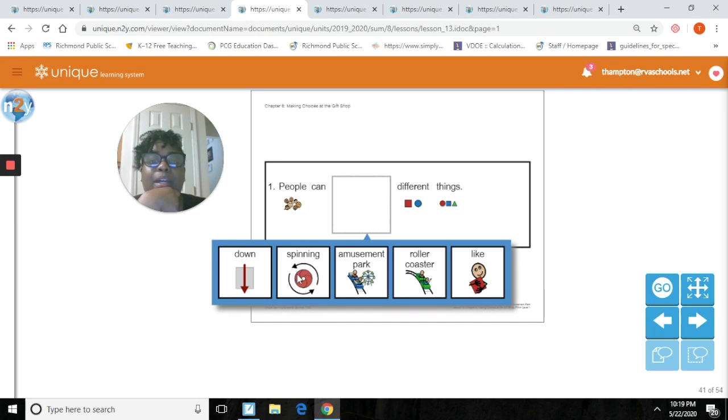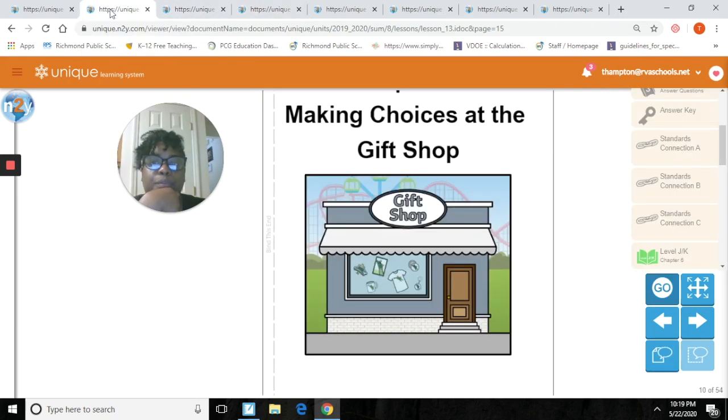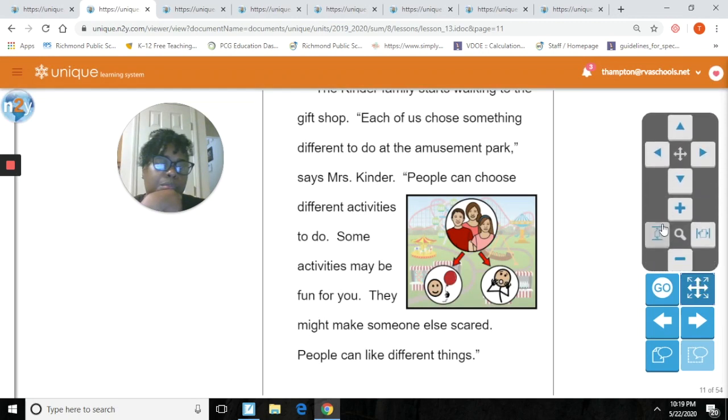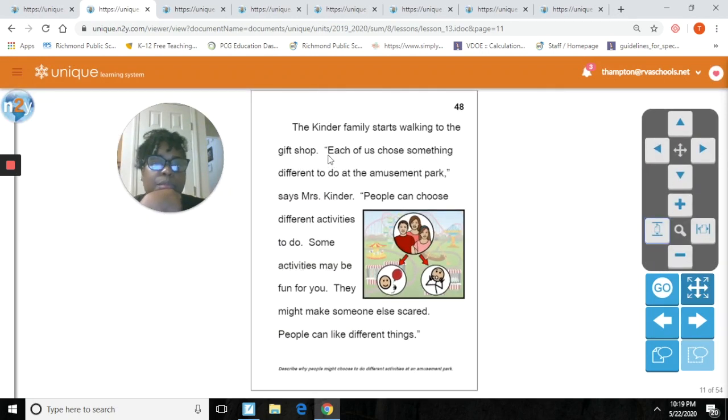Okay? So now we're going to go to our story to help us find the answer. And we see the Kenneth family, they start walking to the gift shop, right?